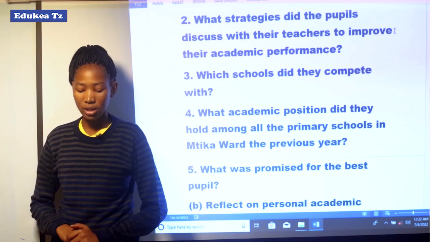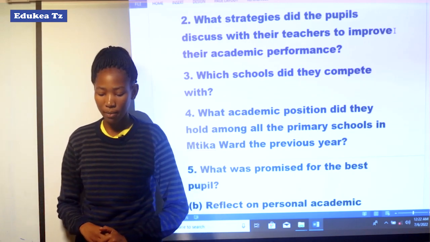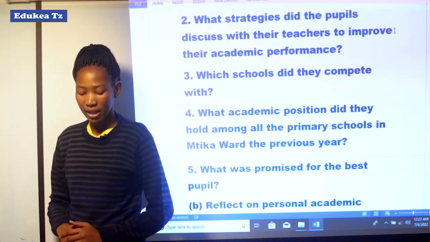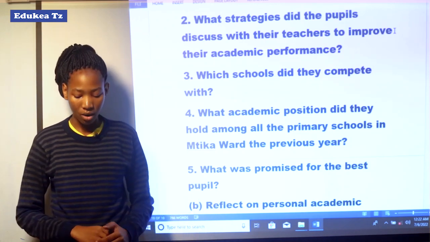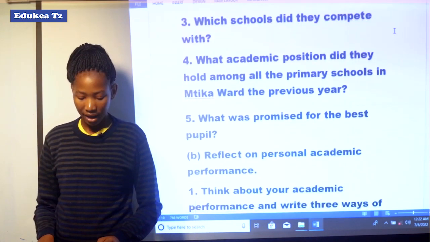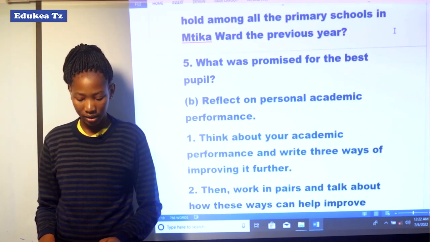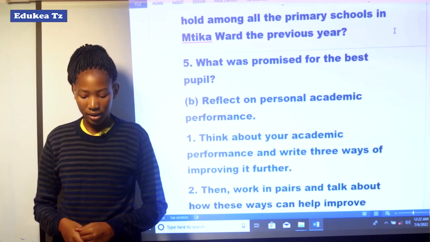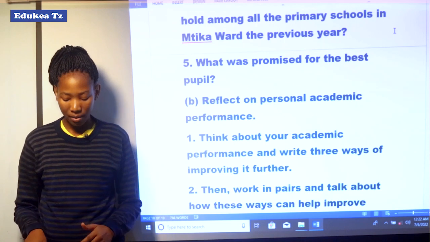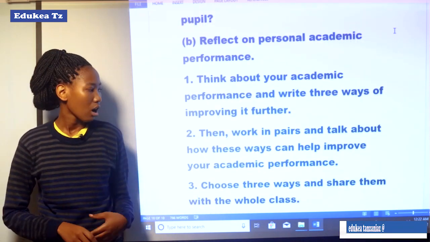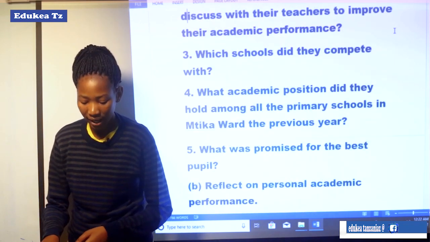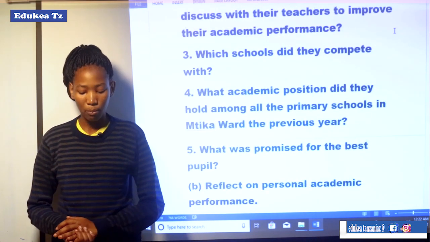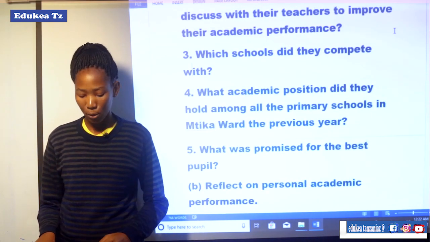In this question number 4, you should mention the position they held among all the primary schools in Mtika ward. And the last question is what was promised for the best pupils? Also in this question you should mention or write what was promised for the best pupils.